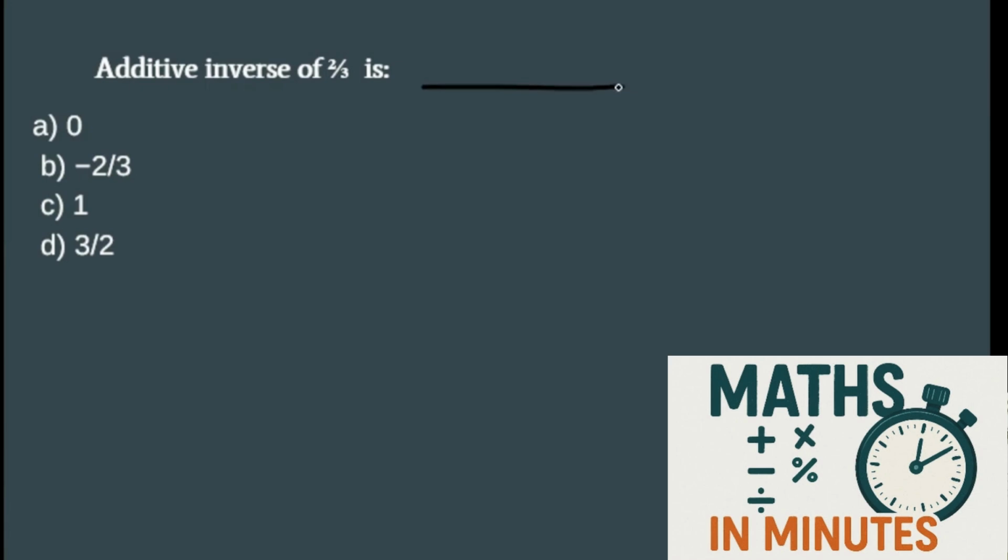Okay. Now next question is, additive inverse of 2 upon 3 is dash. What is additive inverse of 2 upon 3? Basically in additive inverse we have seen that you just have to change the sign of the number, because additive inverse says what we can add to a number so the resultant is 0. So what we can add to 2 upon 3 so the resultant is 0?